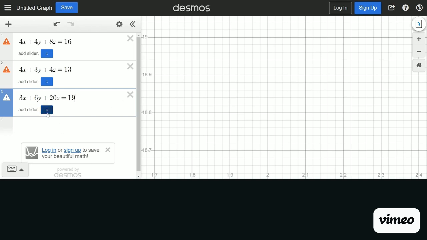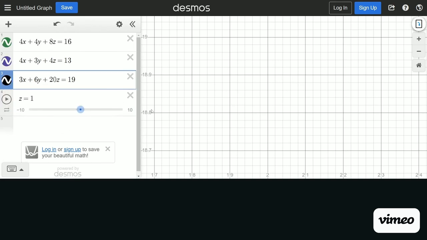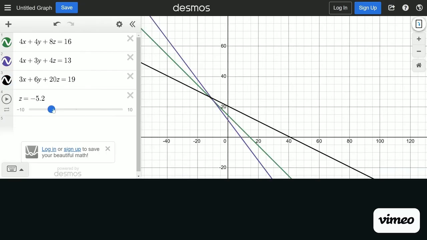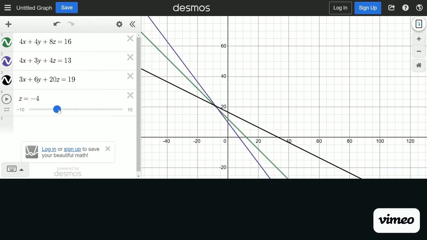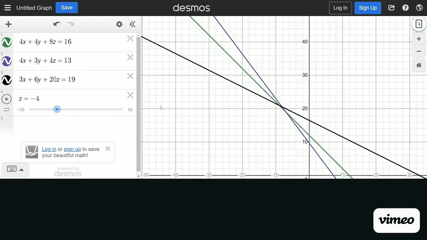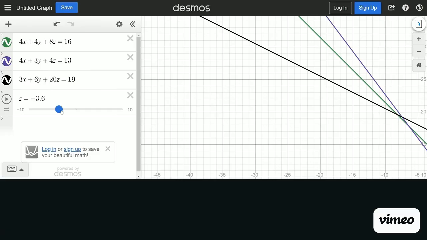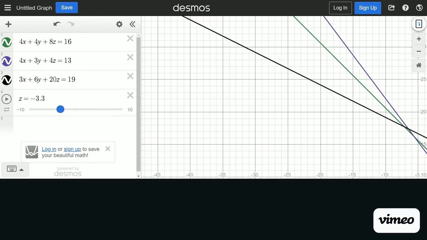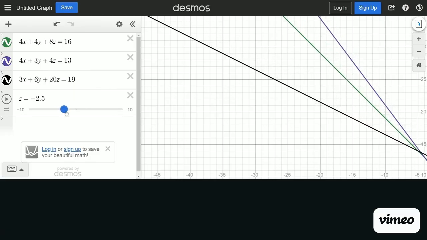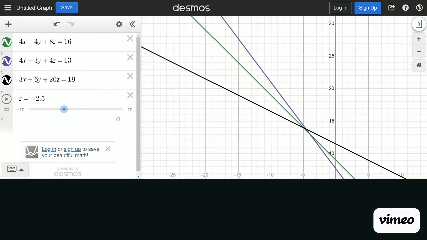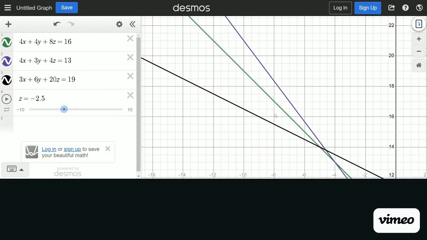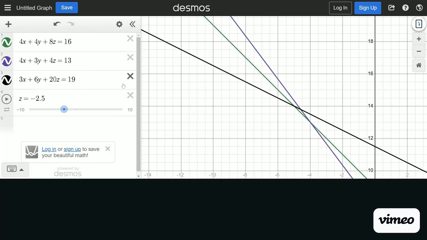So once again, we'll add the slider. Just keep sliding until it looks like they've crossed. They still are not all three crossed yet. It's getting closer though. We're super close now.